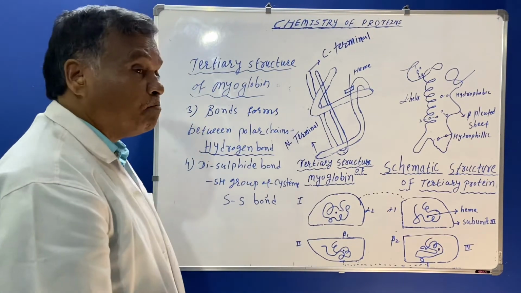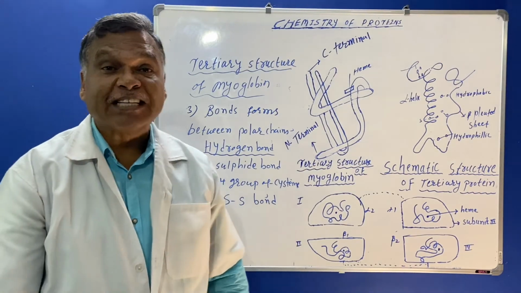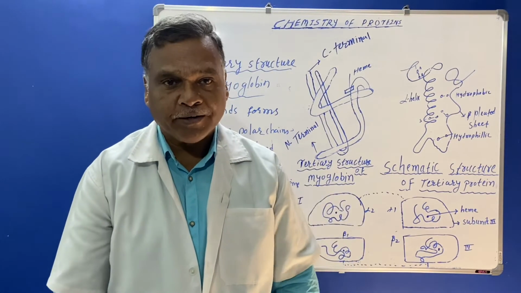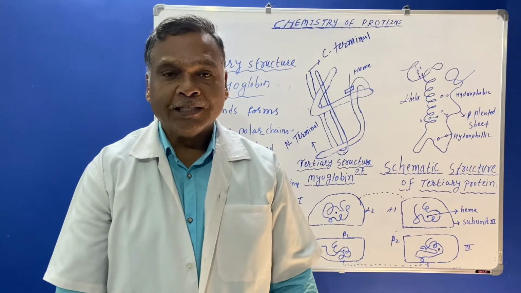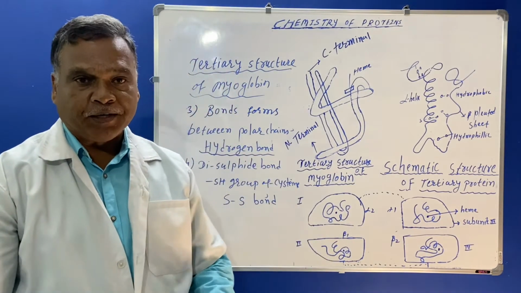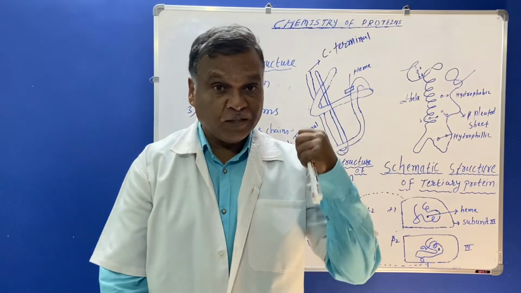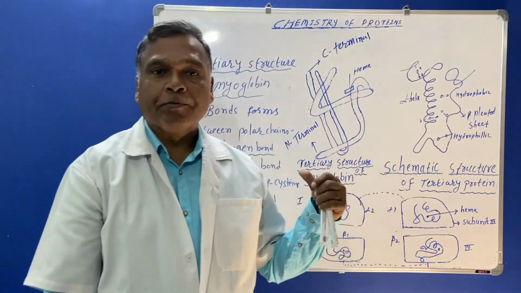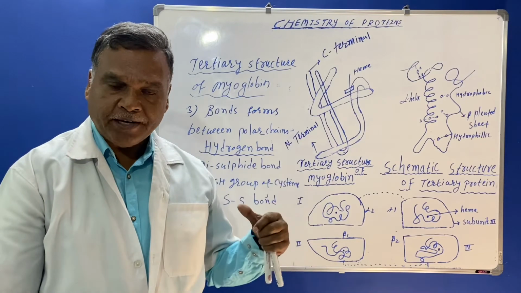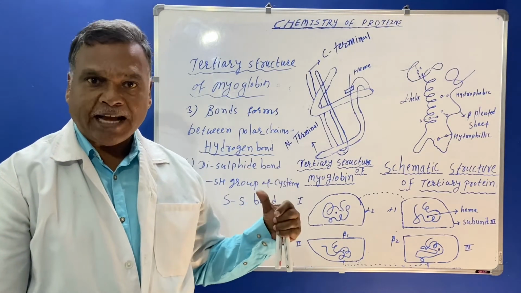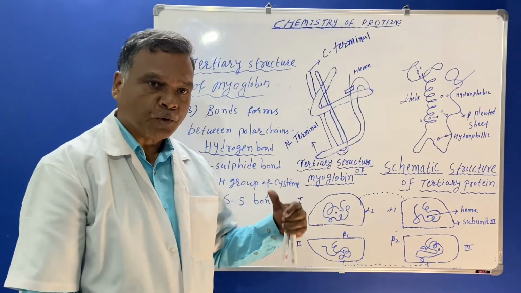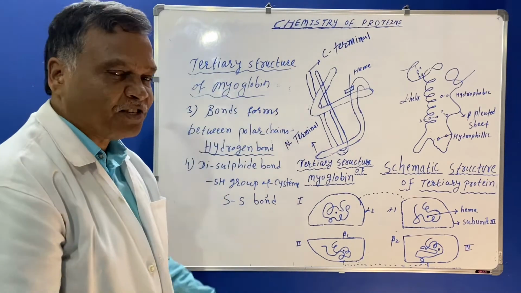So these bonds are necessary for the stability of the molecule or the structure of the protein. Otherwise, there will be no stability of the protein without these bonds. They are meant to stabilize the structure of protein. So we have seen the tertiary structure here.